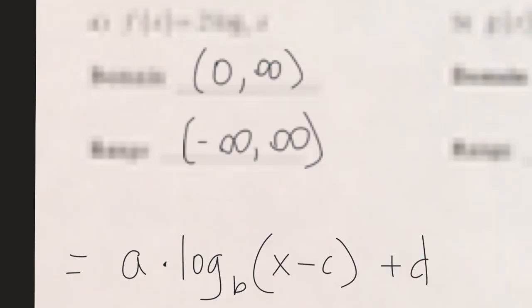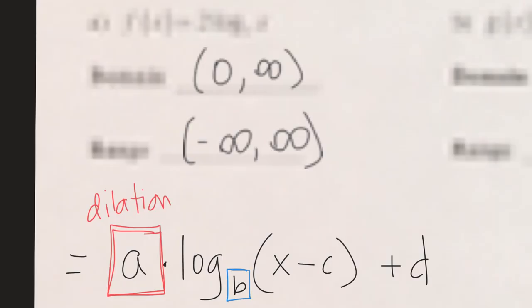A is your vertical dilation. Okay, that's a vertical dilation. B is, of course, your base. That tells you how fast it's growing or how slow it's growing. The C, this is where your horizontal translation comes from.